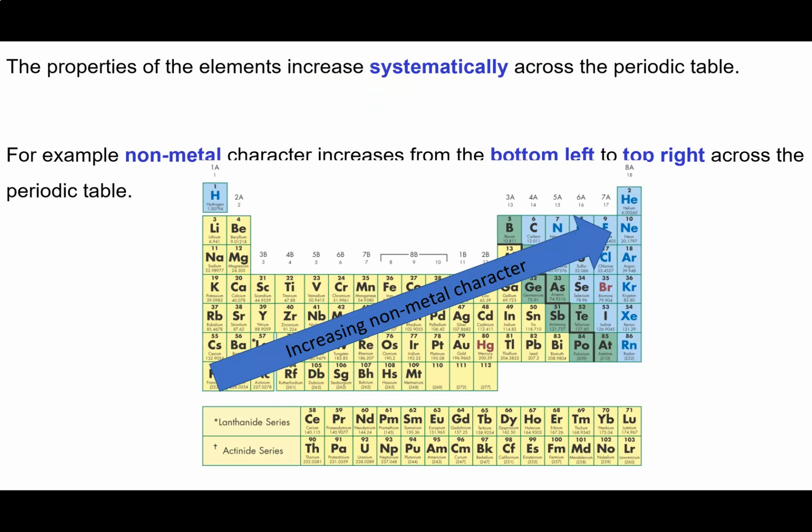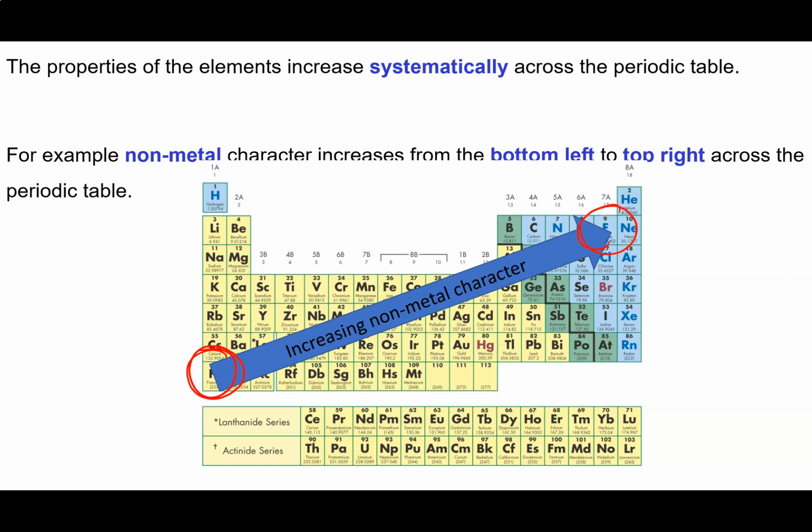Okay, so the first thing that we're going to look at is metal versus non-metal character. And as we mentioned before, all of the metals are on the left of the periodic table and all of the non-metals are on the right of the periodic table. And how we've organized things is such that the most metal-like elements are at the bottom left of the periodic table and the most non-metal-like elements are at the top right.